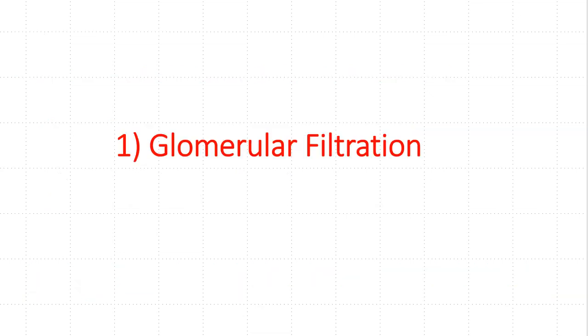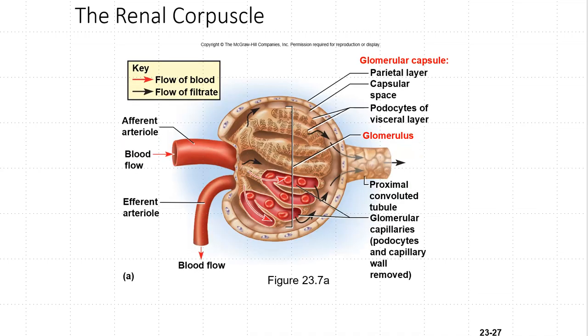The first function of the nephron is to be a part of glomerular filtration, which happens in the glomerulus. So the glomerulus consists of the glomerular capsule, which contains the glomerulus, and the glomerular filtrate collects in something called the capsular space.